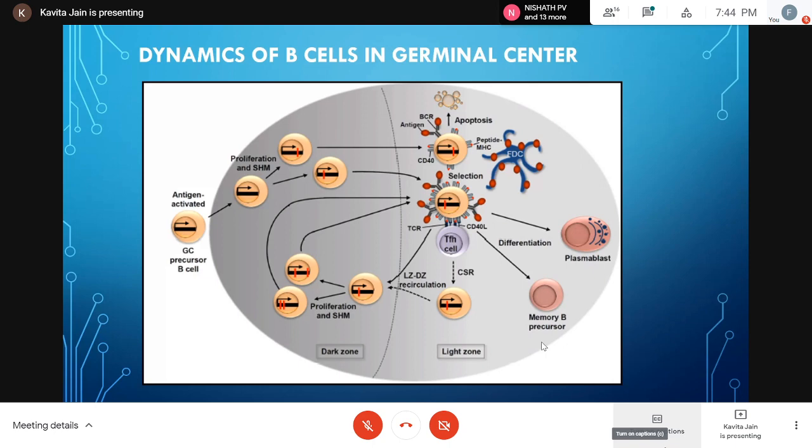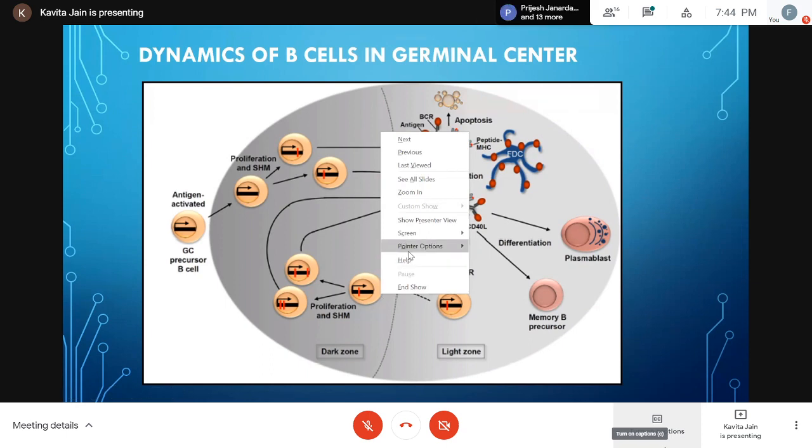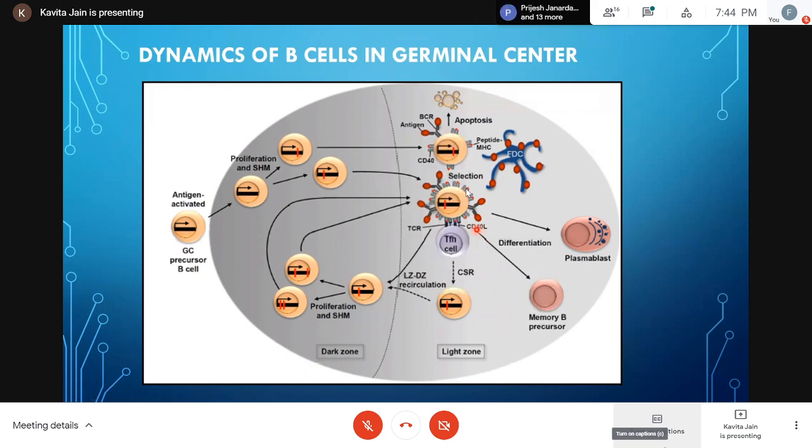Before we go on to the pathological aspect, we should also learn about the dynamics of B cells in a germinal center, as that would make it easier for us to understand how the RS cells are known to originate from the germinal center B cells.